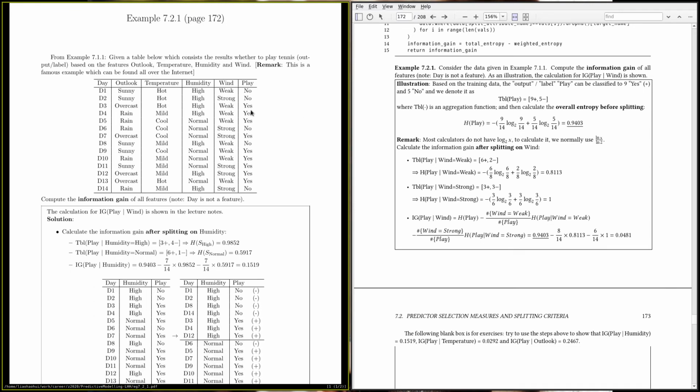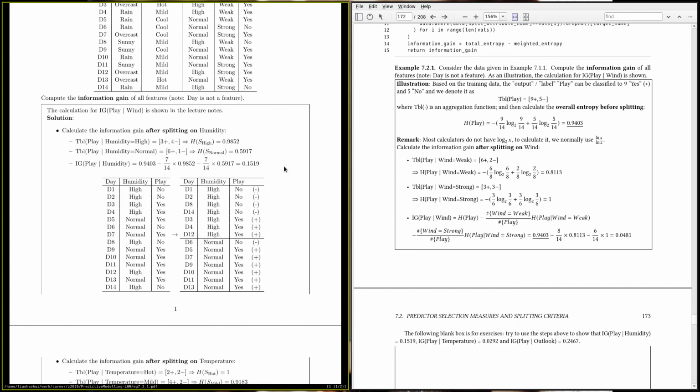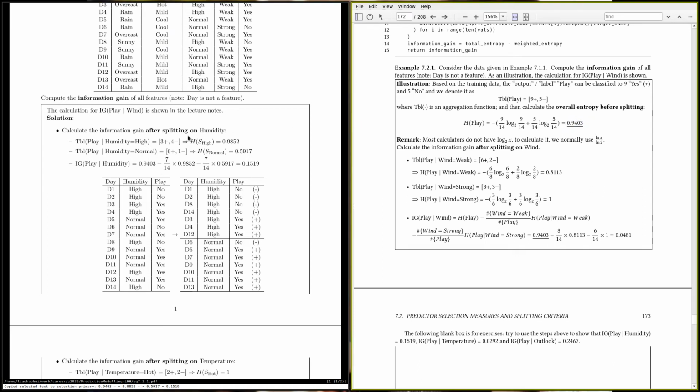You can count 1, 2, 3, 4, 5, 6, 7, 8, 9. 9 yes, out of 14 rows. So 9 over 14 log 2 of 9 over 14, and then there are 5 no, so 5 over 14 and 5 over 14. This is the overall entropy before the splitting. That is why you see 0.9403 there. It's related to this.